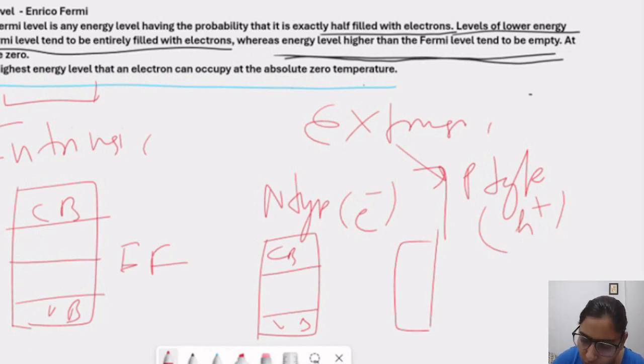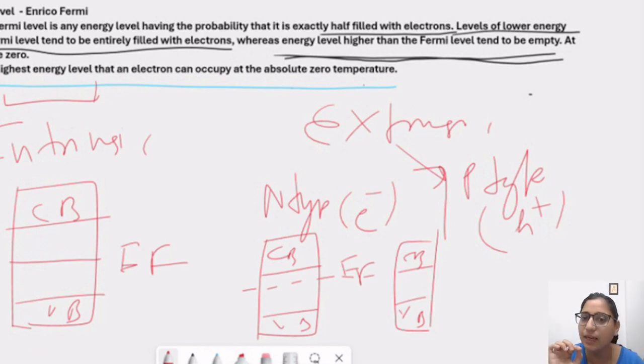The Fermi level, the highest energy level that an electron can occupy, will be near to the conduction band. So EF will be near to the conduction band. And in P type, holes are in majority, so the highest energy level that an electron can occupy will be near to the valence band. So this is the condition of EF here.